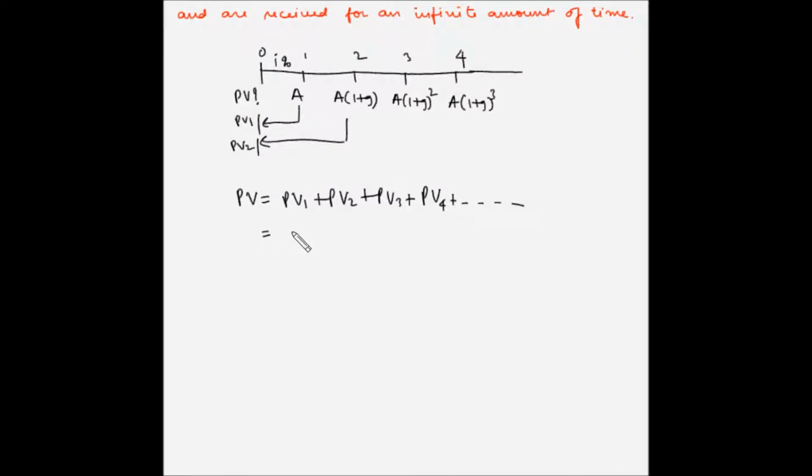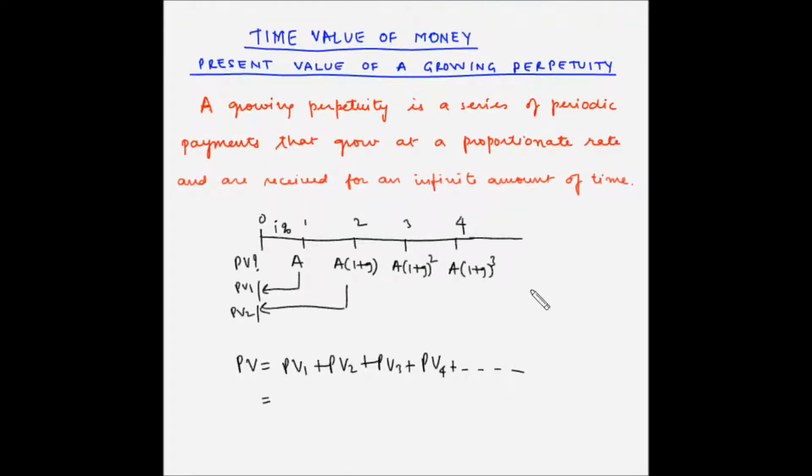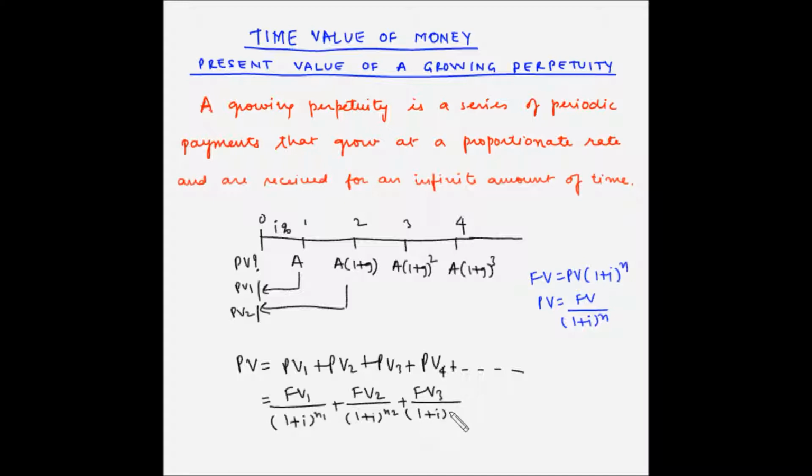Now we know that future value is equal to present value into (1 + i)^n. So present value is equal to future value divided by (1 + i)^n. So this is equal to FV1 divided by (1 + i)^n1 plus FV2 divided by (1 + i)^n2 plus FV3 divided by (1 + i)^n3 and so on.